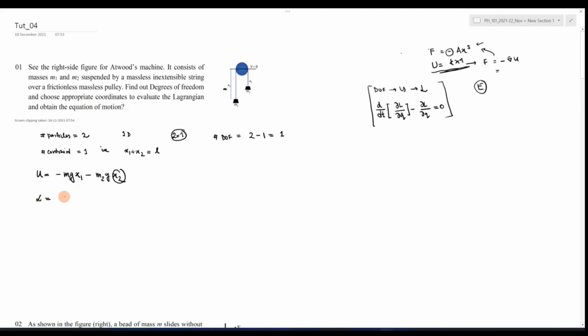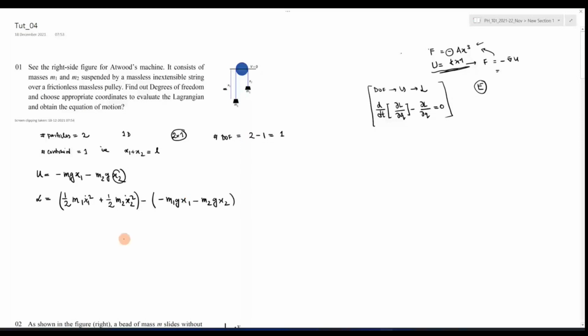So the Lagrangian will be equal to, you always write the kinetic energy first. So kinetic energy will be half m1 x1 dot square plus half m2 x2 dot square, minus the potential energy. The potential energy again is minus m1 g x1 minus m2 g x2.